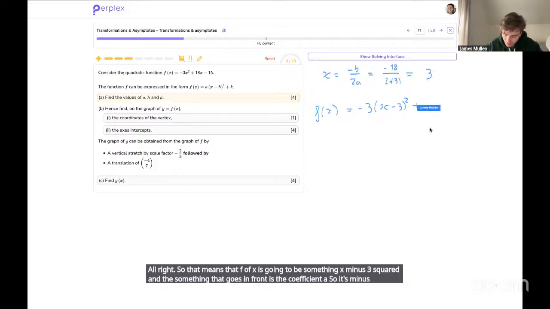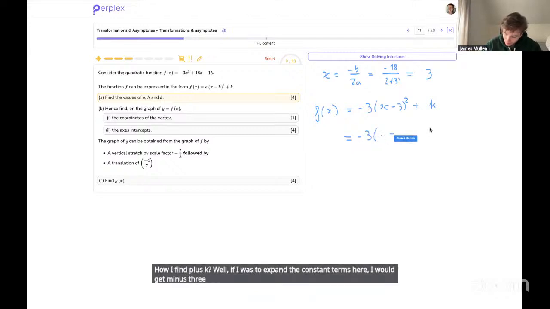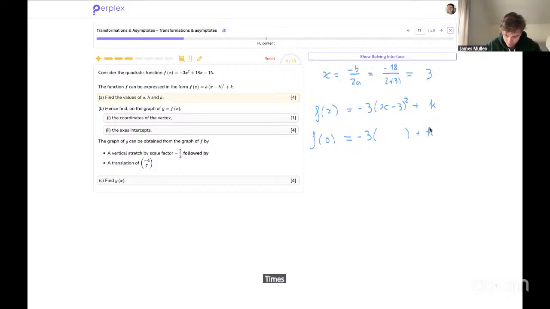And all I have to find is the plus k. How do I find plus k? Well, if I was to expand the constant terms here, I would get minus 3 times 9, if I squared everything, plus k. And the constant, so if I did f of 0, I would just get negative 3 times 9 plus k, and that's supposed to be equal to minus 15.